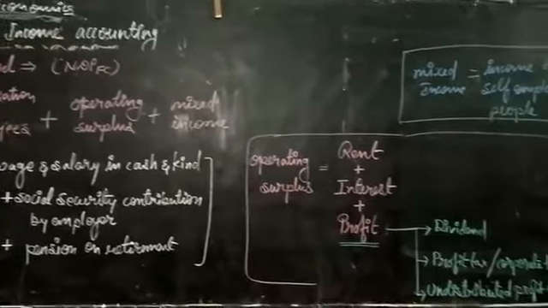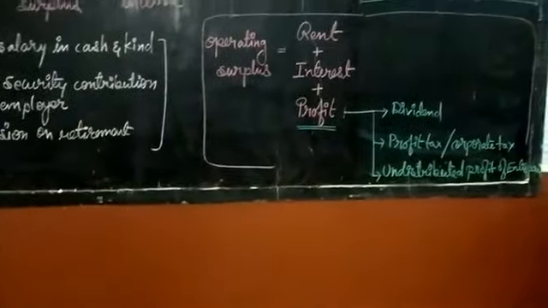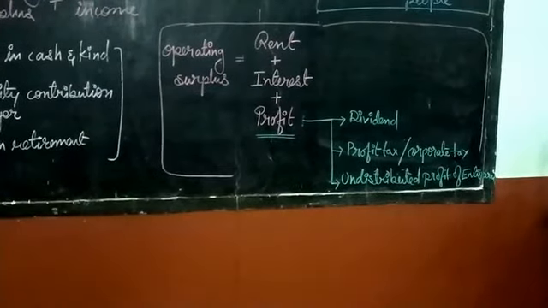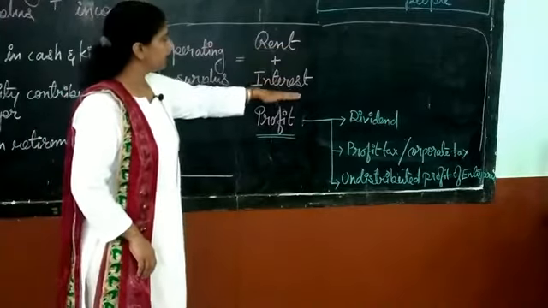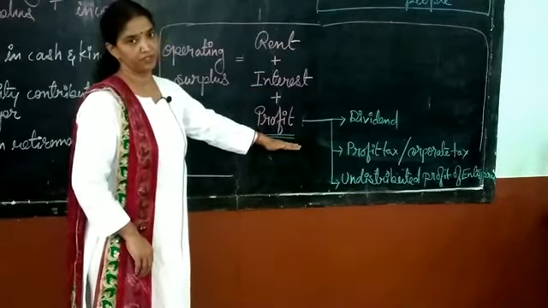Now the next term is operating surplus. Operating surplus refers to rent, interest and profit.